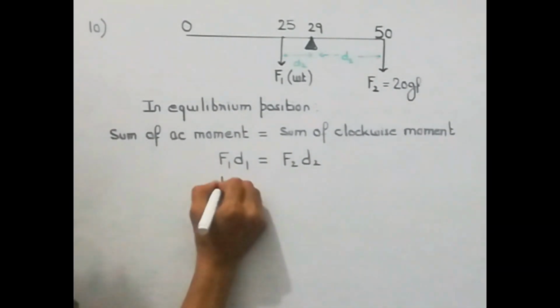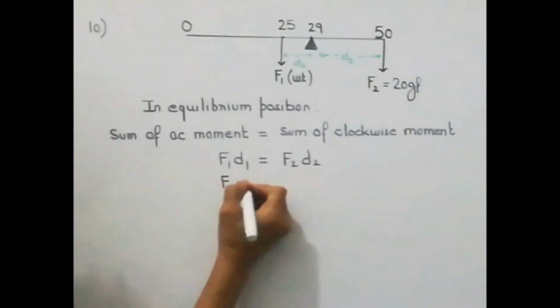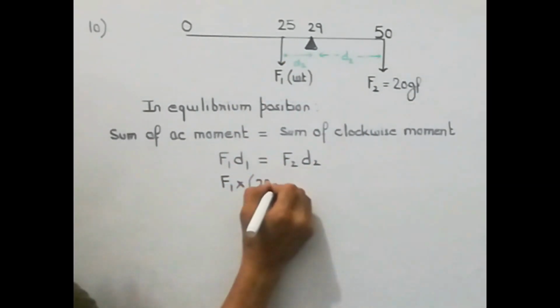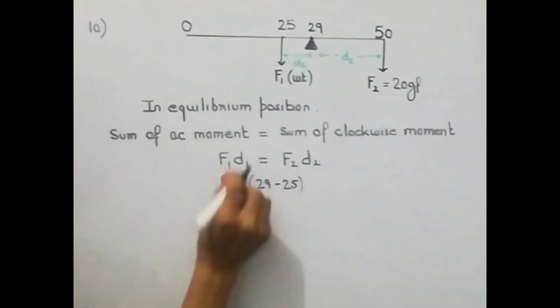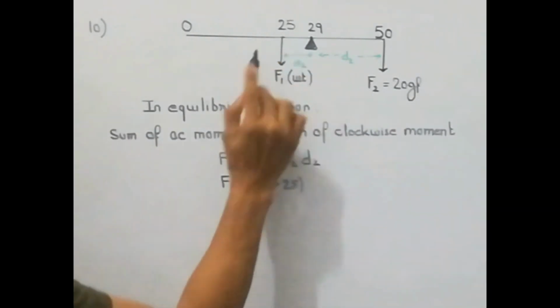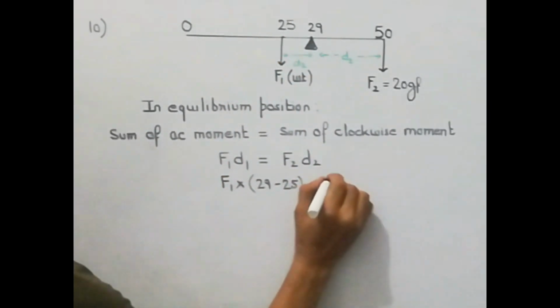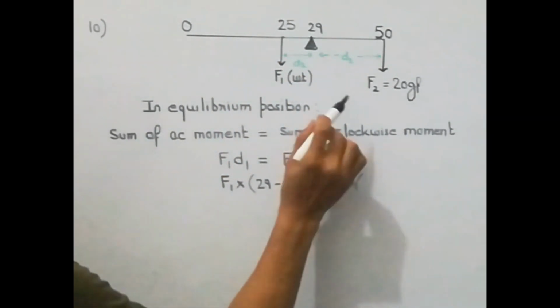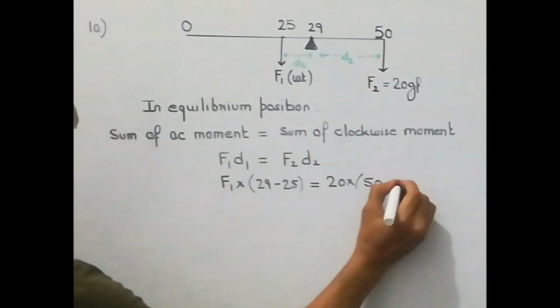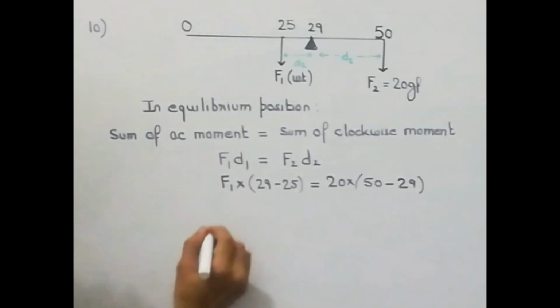F1, which we have to calculate, is the weight of the rule, into D1. D1 is 29 minus 25. The force is at 25 and the point of rotation is 29, so you subtract. F2 is 20. F2 is at 50 and the point of rotation is 29, so you subtract it.